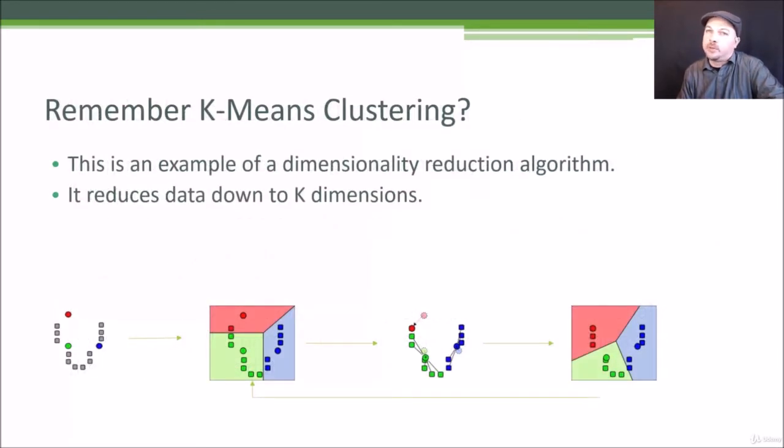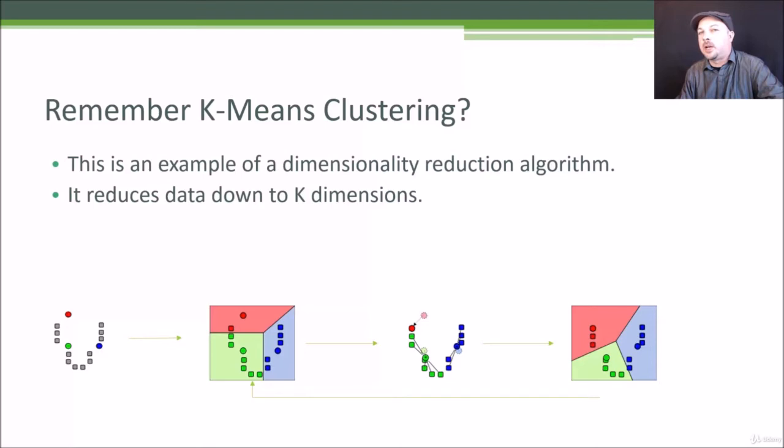A very simple example of dimensionality reduction can be thought of as k-means clustering. So, for example, we might start off with many points that represent many different dimensions in a data set, but ultimately we can boil that down to k different centroids and your distance to those centroids.